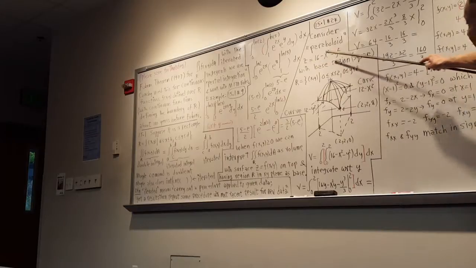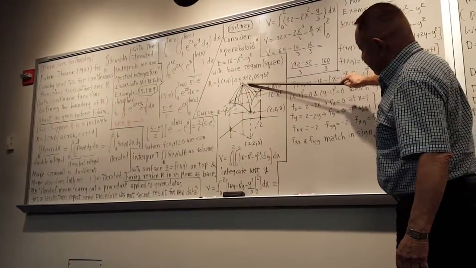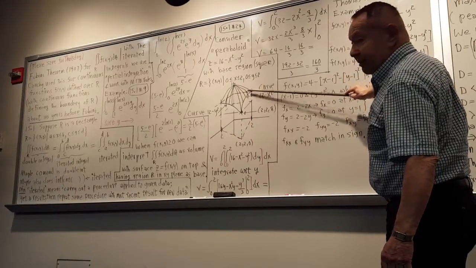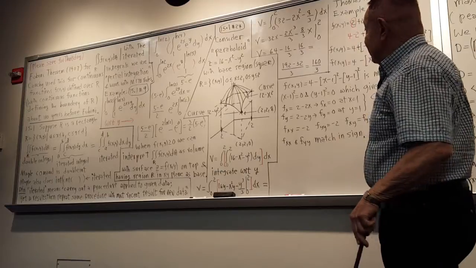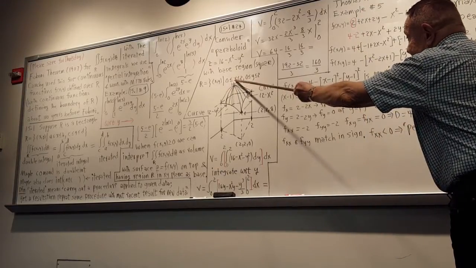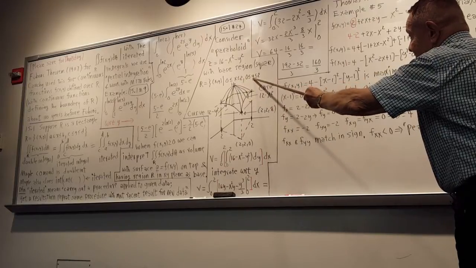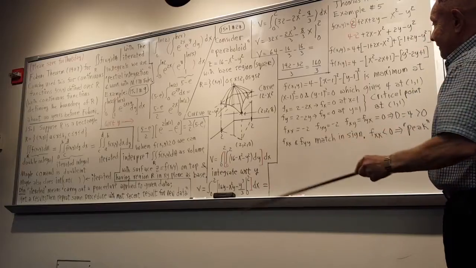And in the same way, when x is 0 and you're in the yz plane, your curve would be this parabola. So you have something that looks like this, and your base is the region where x and y run from 0 to 2, 0 to 2.